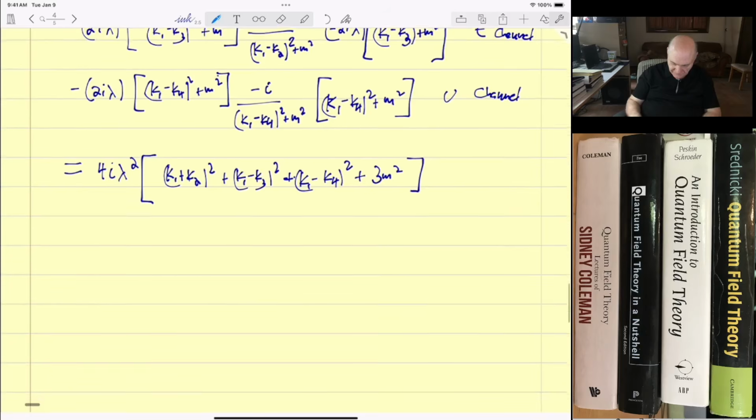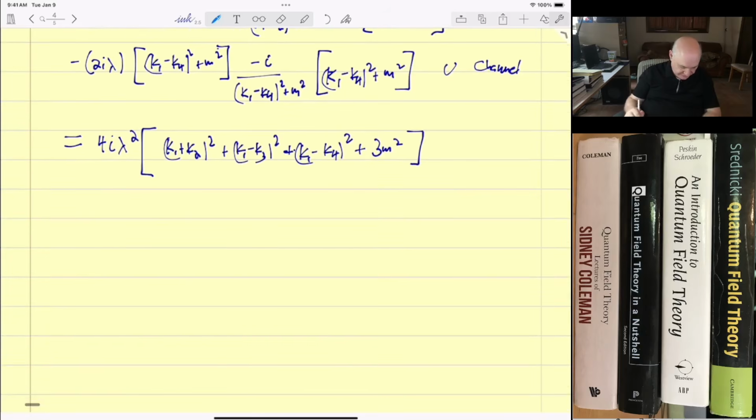Now, in particle physics and in the next chapter in Srednicki, we make the usual definitions for two particle going to two particle scattering. These are the Mandelstam variables. You don't have to do this, but it just makes it a little prettier.